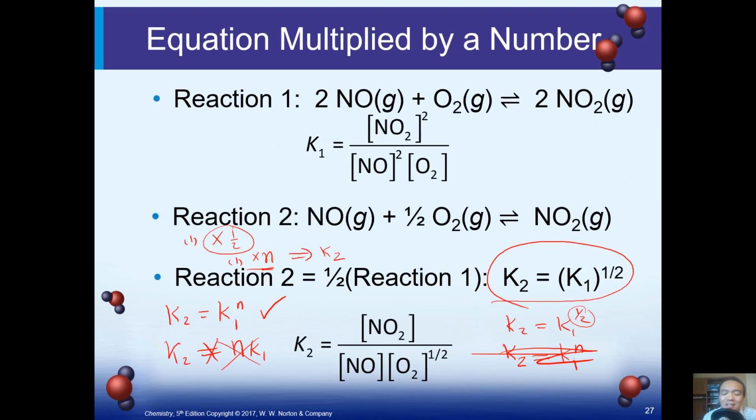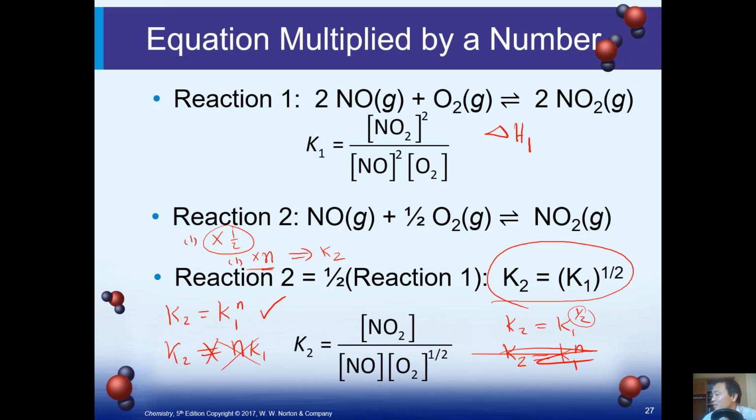Now for the second situation, you multiply by a certain number n. Let's say this is reaction 1 with delta H1, and you multiply the whole thing by n.